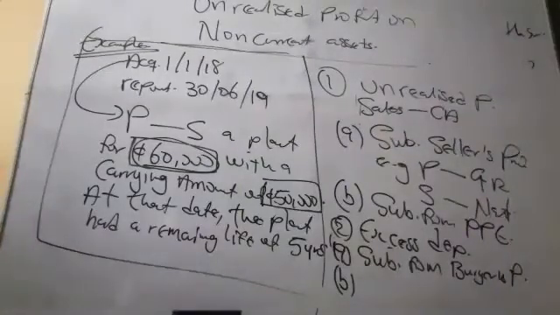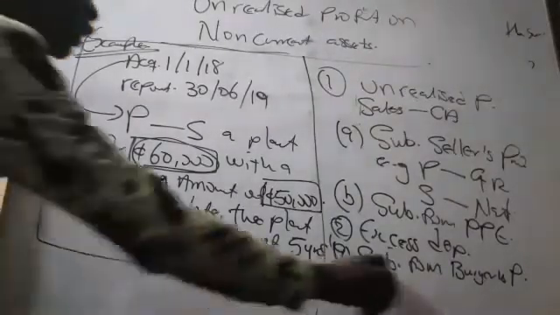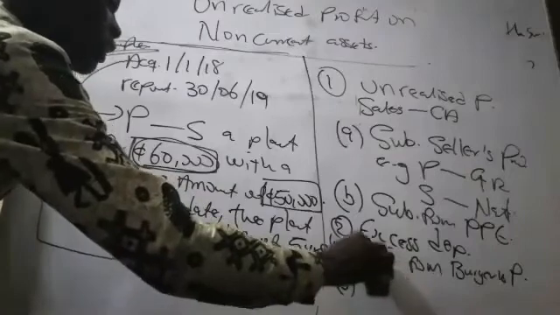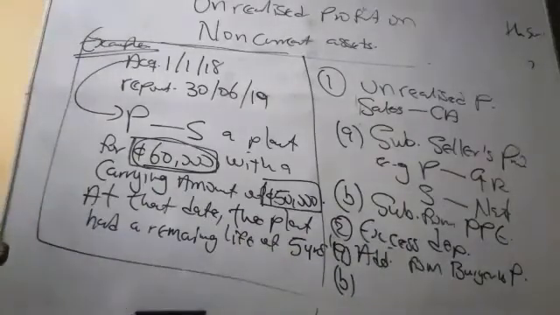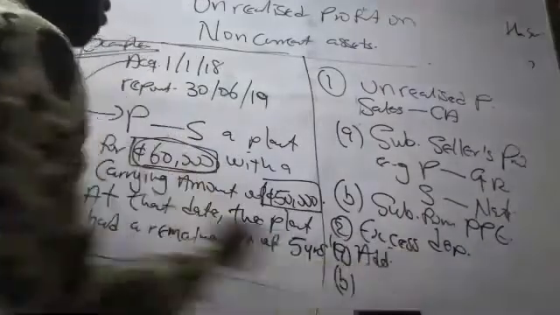Now that means they've charged depreciation. But they've charged more. It's an excess, so you're reversing it, and it has been subtracted. So you have to add back. That's all. So let's add back to the buyer's profits.